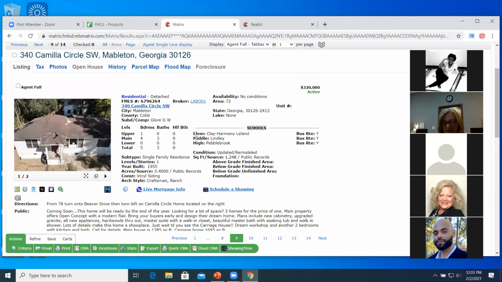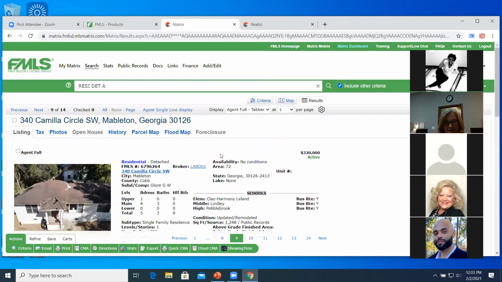It depends on where they are, what schools. Like I said, from a perspective of square footage, absolutely not. This is a much smaller house and older, 1955, and they're asking 320. But again, it depends on how attractive the neighborhood is and where they want to be.